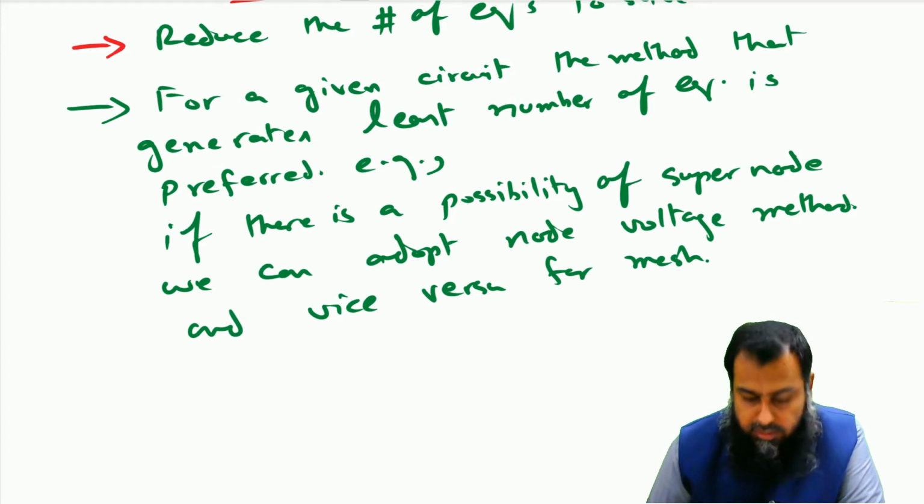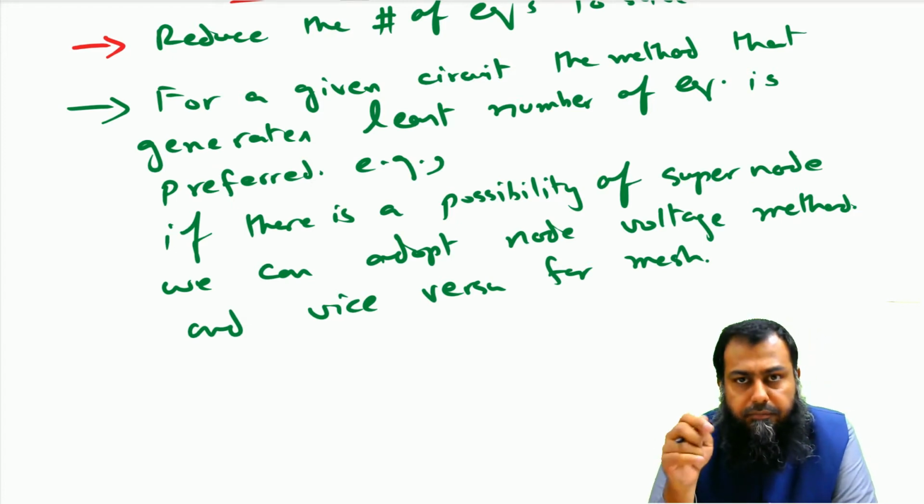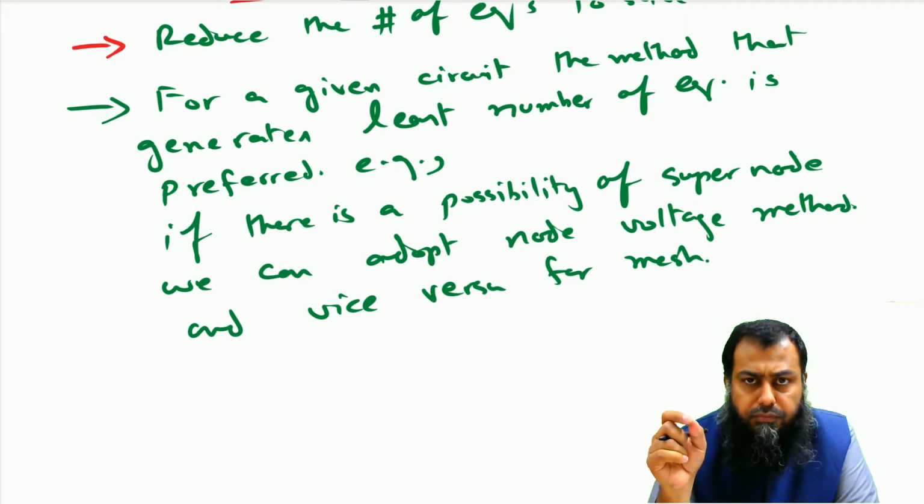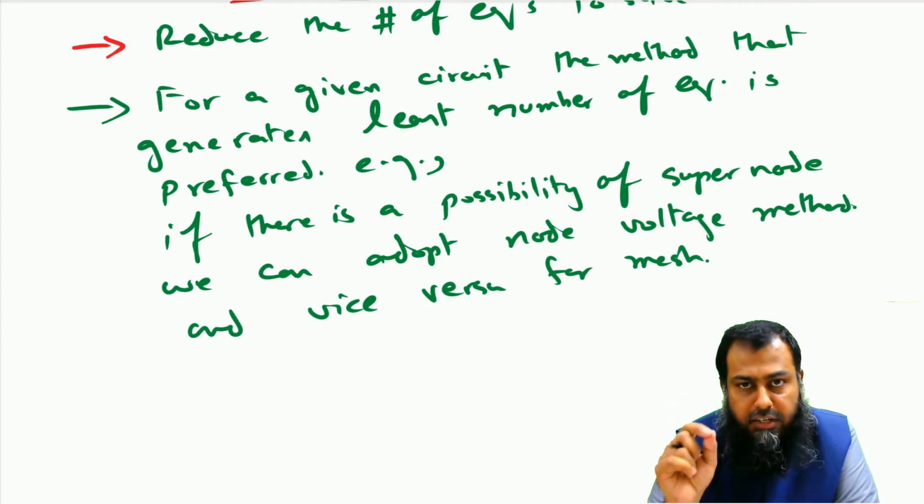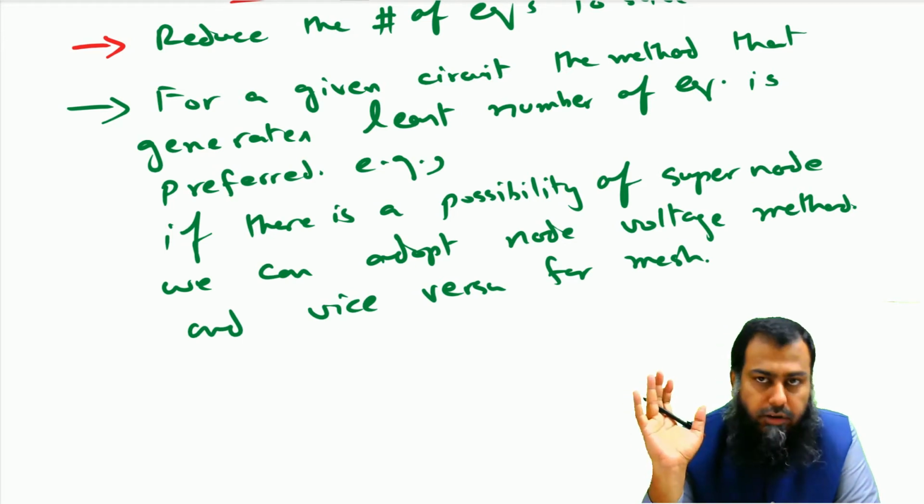The second thing here is there are certain circuits where there is no possibility of applying a supermesh or a supernode, but yet we can identify exactly which method yields the minimum equations to solve a given circuit.